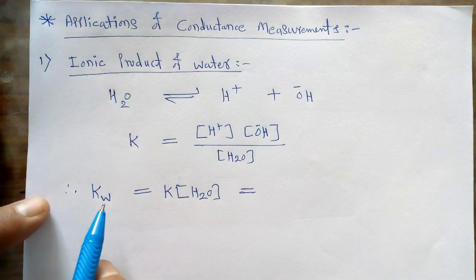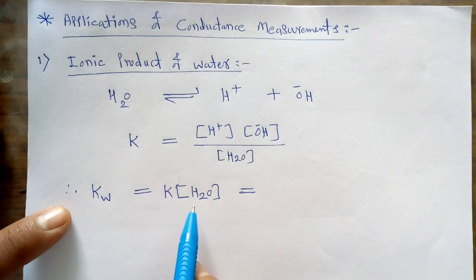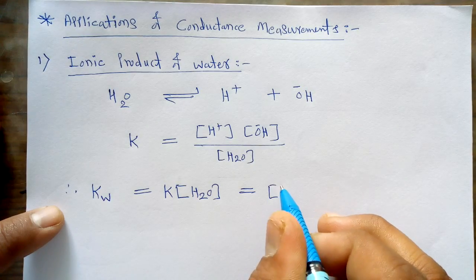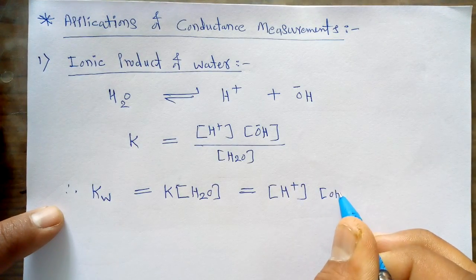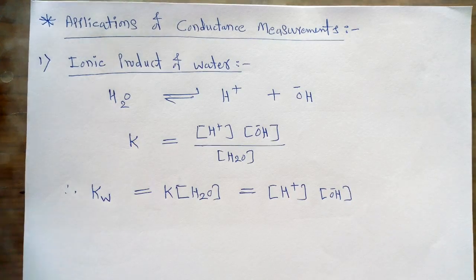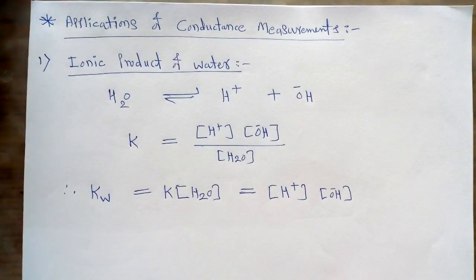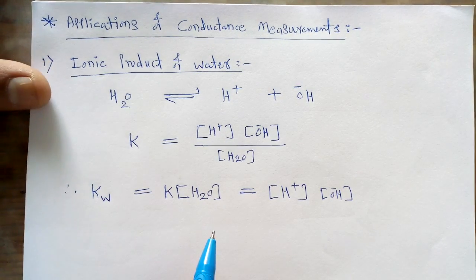Kw is equal to K multiplied by the concentration of water, which is equal to the concentration of H plus into the concentration of OH minus. This is the second relation between the equilibrium constant and the concentration of water.